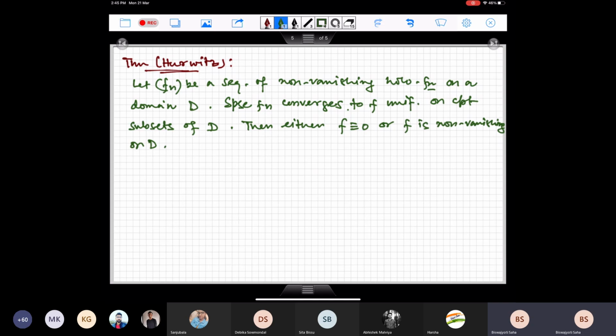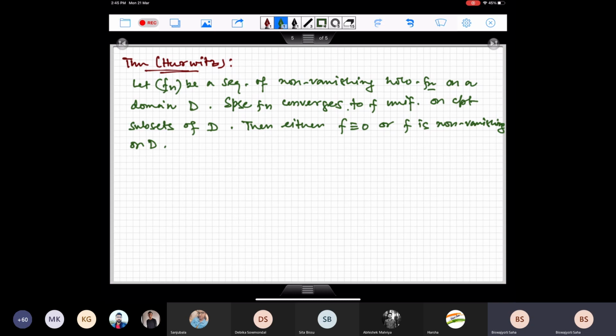So if it is non-zero at one point, you will know that the limit function is going to be non-zero everywhere else. Of course, I cannot rule out the possibility of F being identically 0, because for example I can take Fn to be the constant function 1 over n.